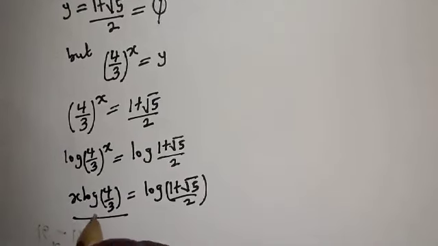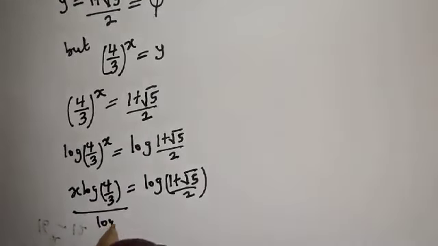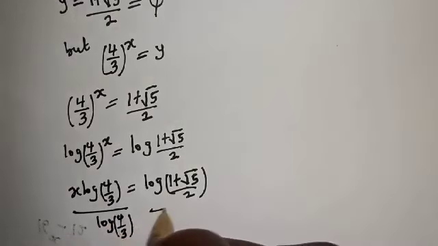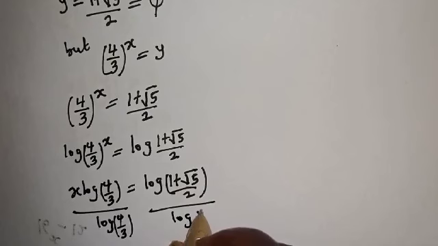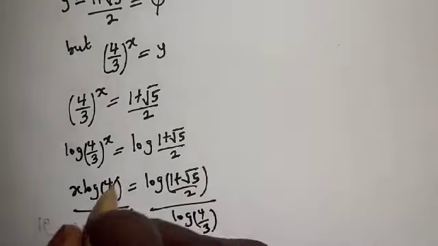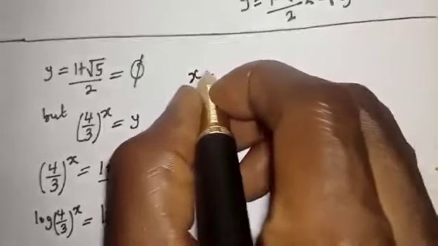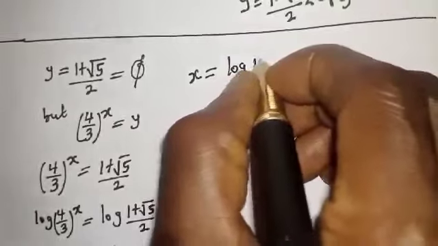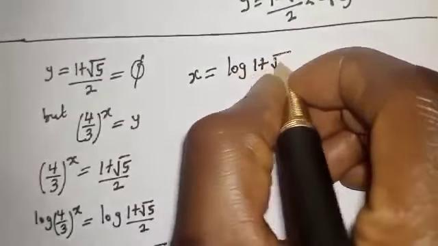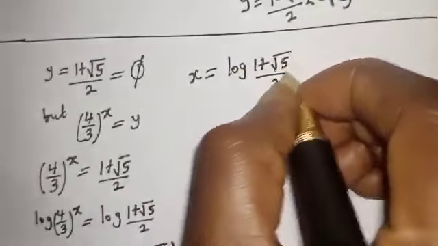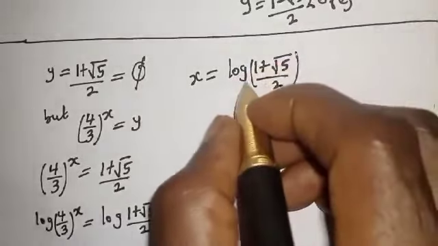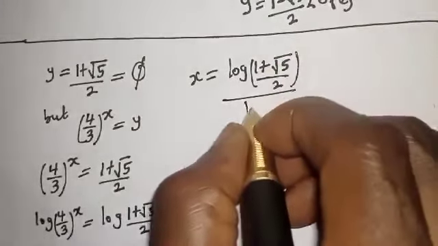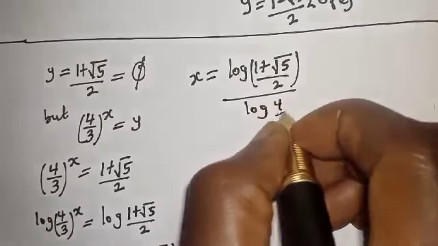This divided by log 4 over 3, then this divided by log 4 over 3. This one will cancel this. x is equal to log 1 plus root 5 over 2 over log 4 over 3.